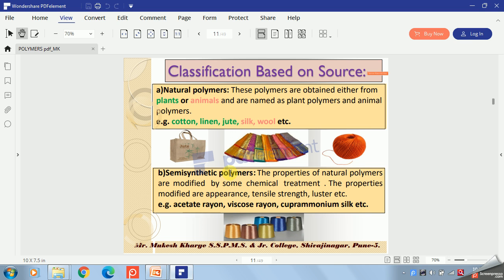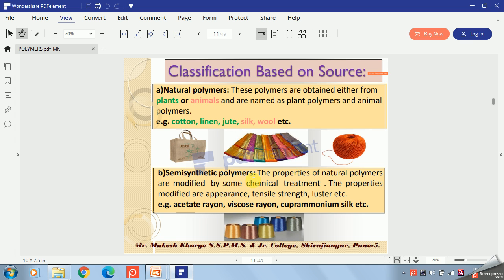Then the second type is where the properties of natural polymers are modified or improved by some chemical treatment, and these modified properties are in the form of their appearance, tensile strength and luster. So we can improve these properties, and such polymers are called as semi-synthetic polymers.